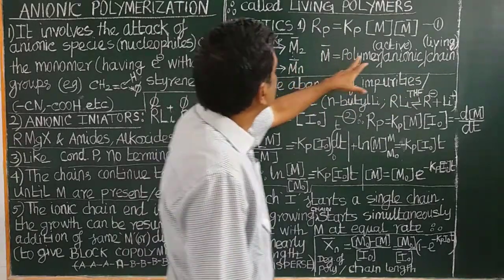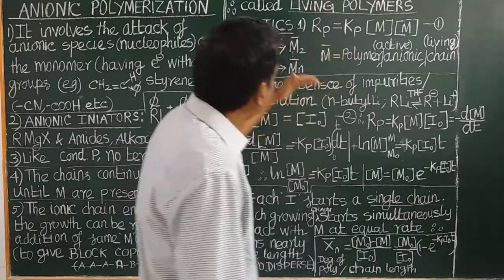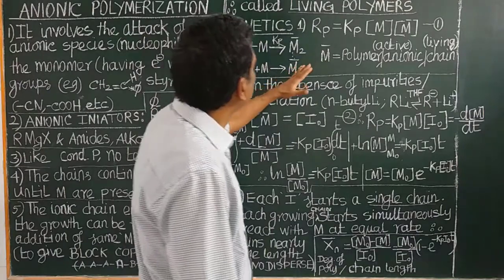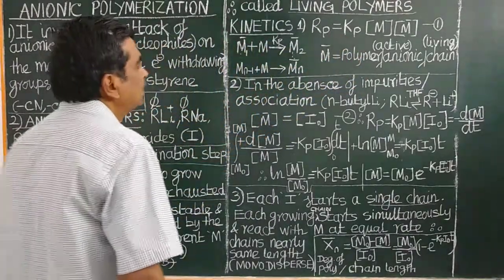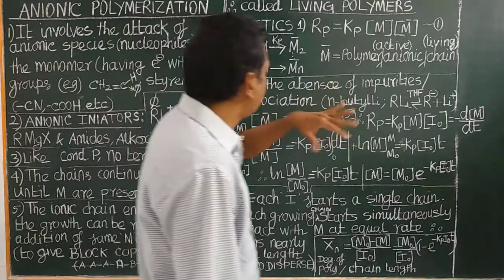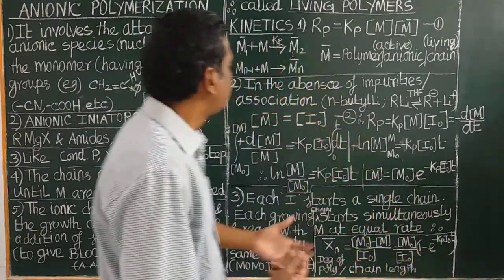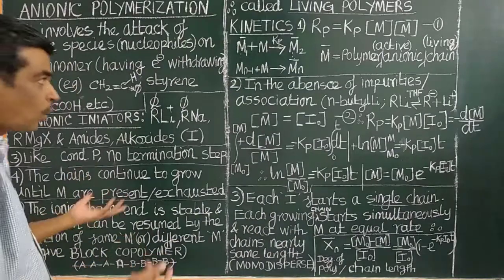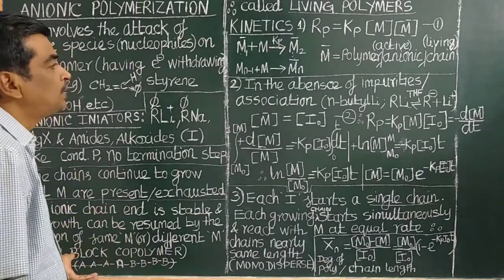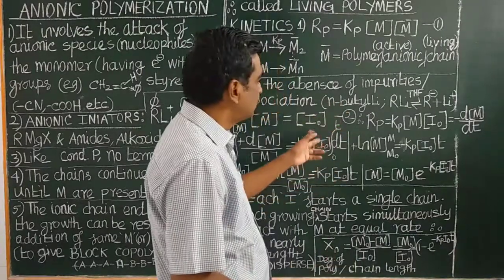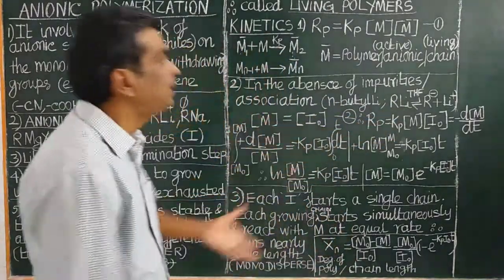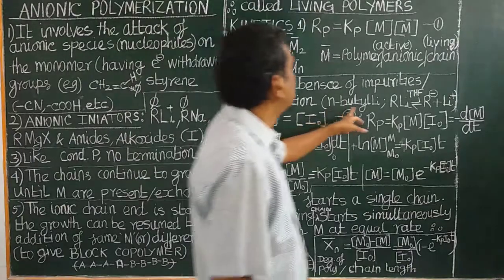In general, M1 minus, M2 minus, Mn minus are represented as M minus. In the absence of impurities, there is no termination step, and also negligible association or complete dissociation of n-butyl lithium.